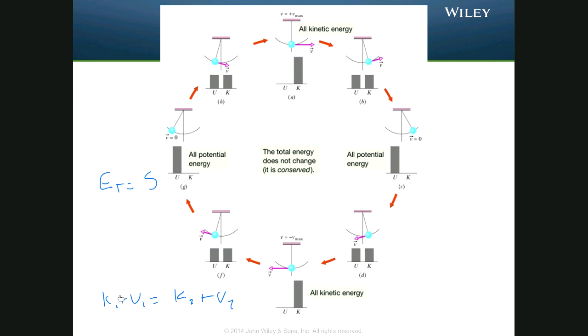But if my U is 0, then I know that my kinetic energy is the maximum, and for the case of our example, would be equal to 5. Now, as the pendulum starts swinging, it starts gaining height. As it increases in height, some of that kinetic energy is turned into potential energy. And when we look at here, it's about half and half, so it's 2.5 and 2.5.